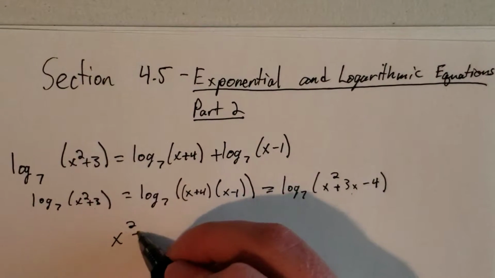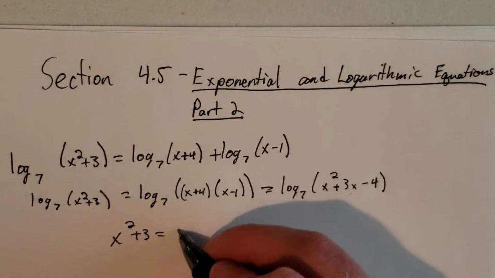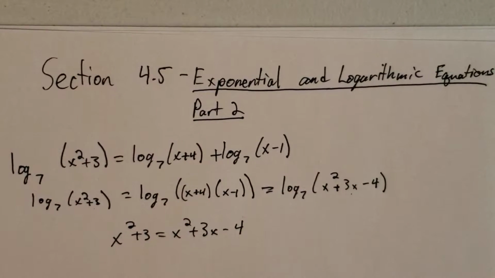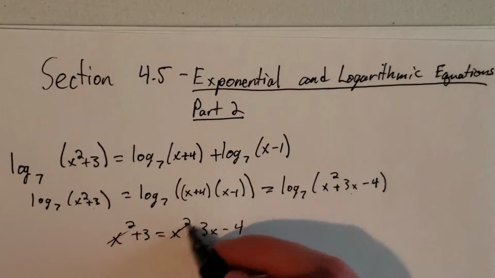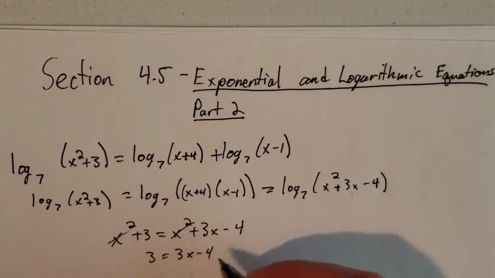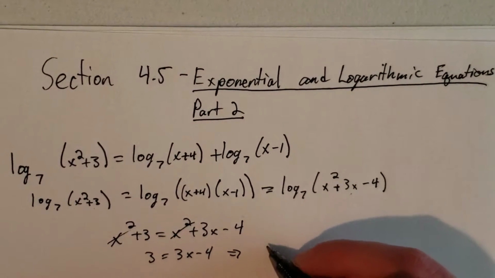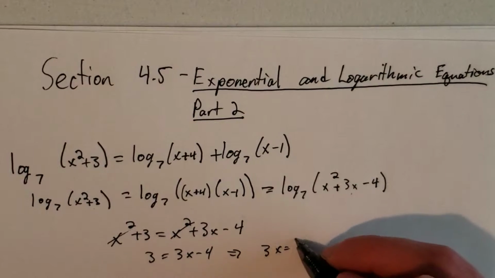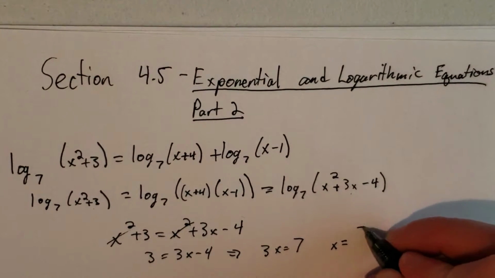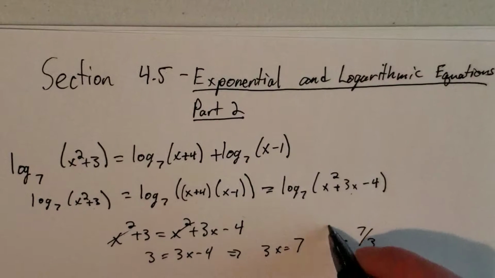So we have x squared plus 3 is equal to x squared plus 3x minus 4, at which point this just becomes an algebra problem to solve. 3 is equal to 3x minus 4. So 3x is equal to 7, and we get x is equal to 7/3.